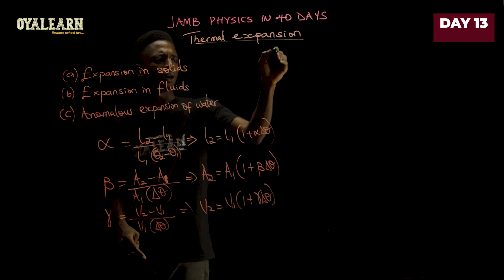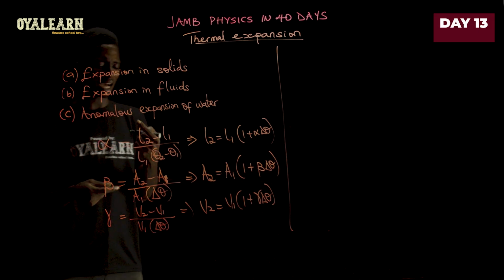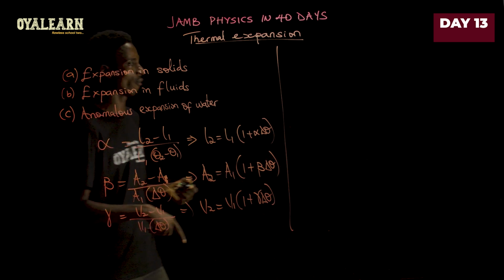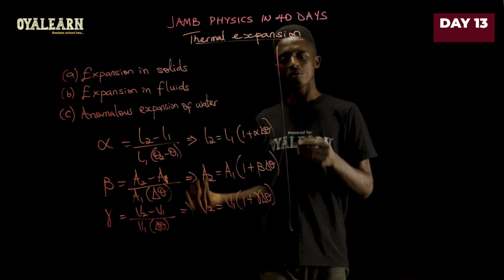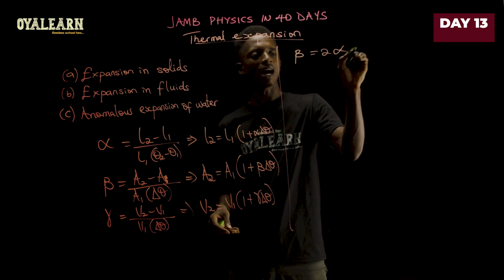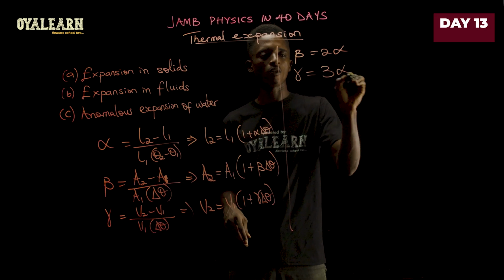Now, another thing you should bear in mind as you're working with this is that there is a relationship that exists between these different expansivities that we have here. For example, you should be able to derive that beta is actually twice of alpha and gamma is thrice of alpha.